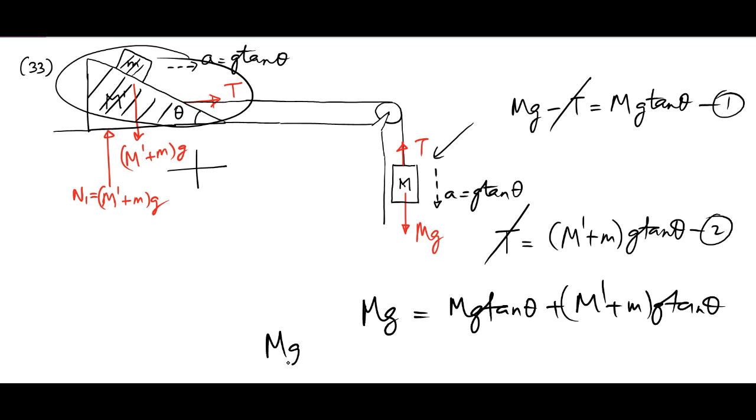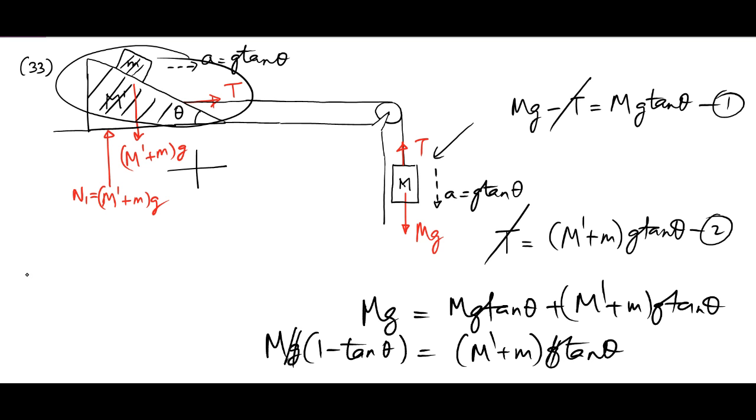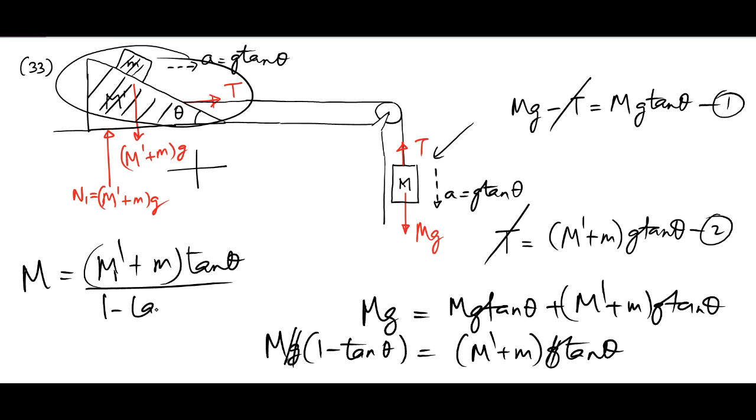So you get mg times 1 minus tan theta equals M dash plus small m times g tan theta. The g term gets cancelled, and you get M equals M dash plus m times tan theta, divided by 1 minus tan theta.